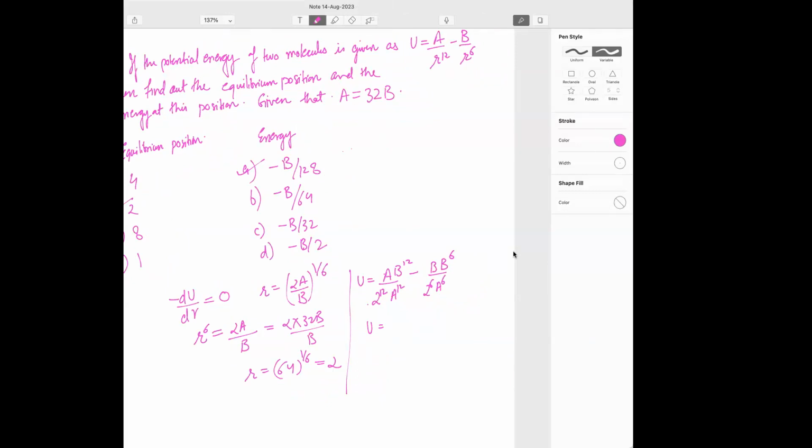And from that we are getting R. Now in the expression of U, if we keep that value, that is R to the power 6 equals 2 into 32B by B, if we substitute that value, we can get that answer, minus B by 128.